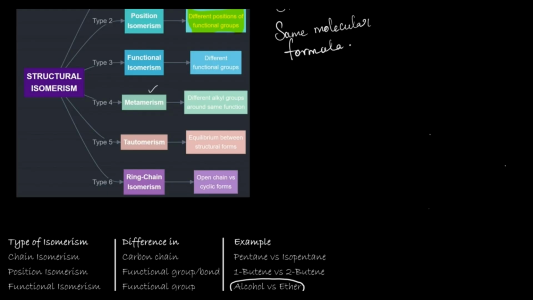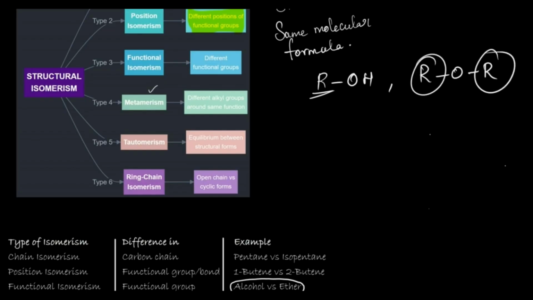What is the general formula? ROH. Only one R group is attached with that. If I am considering ether, ROR, two alkyl groups are there. Oxygen is attached with two alkyl groups. That is having two hands holding the alkyl group, right? Metamerism is only exhibited by compounds like this. I can give you another example like ketone.